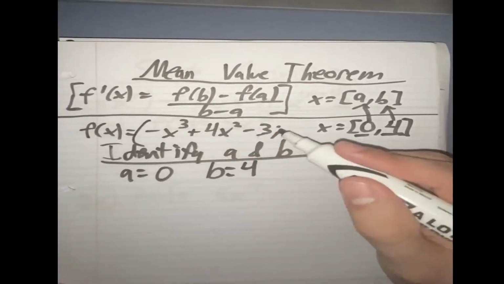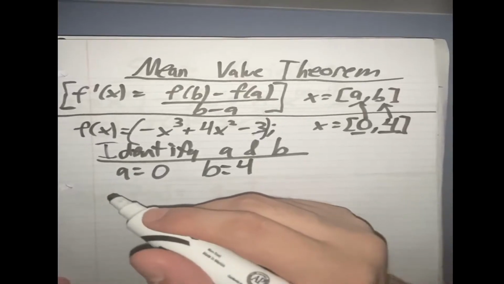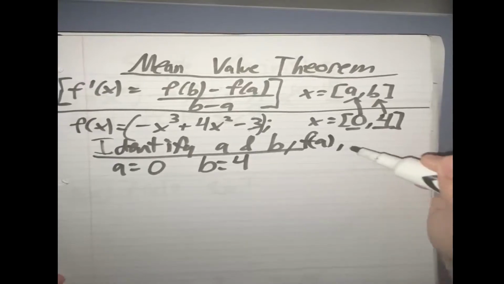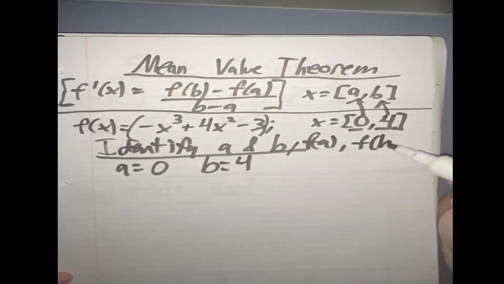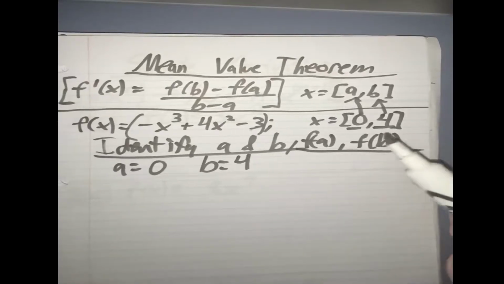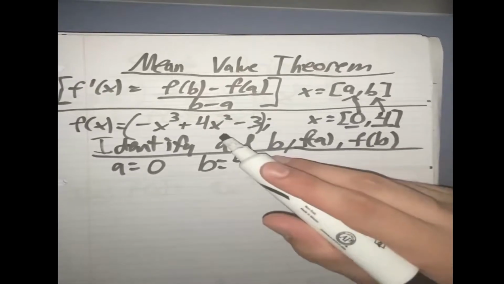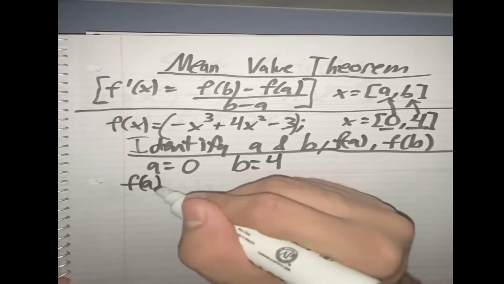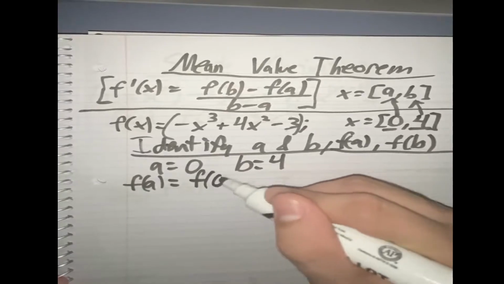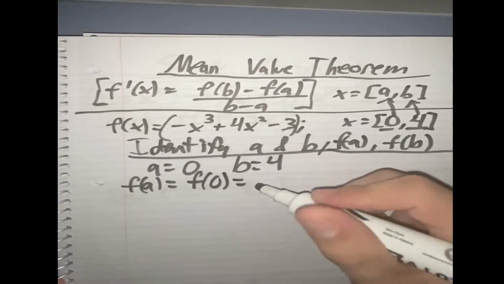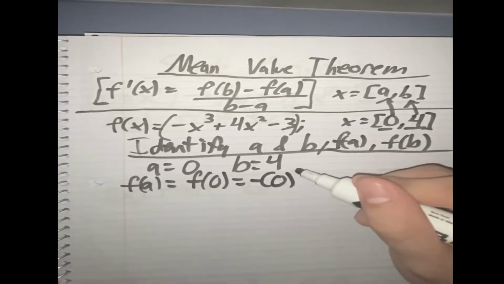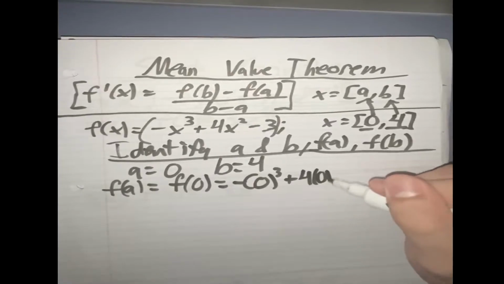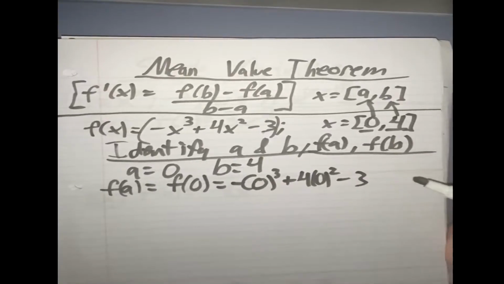Now, keep in mind we have a function over here. The next step is we're going to identify f of A and f of B. We do this simply by plugging in our value A into the function and B into the function. So our f of A is equal to f of 0, and we plug in 0 everywhere we see x. So negative 0 cubed plus 4 times 0 squared minus 3.